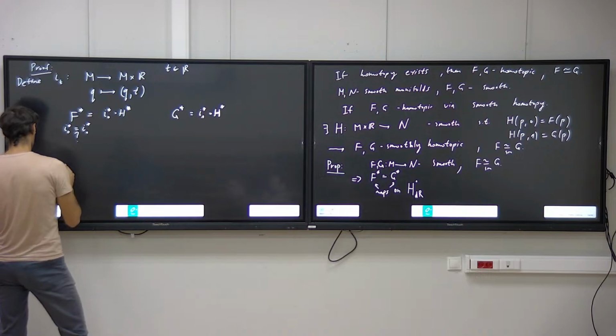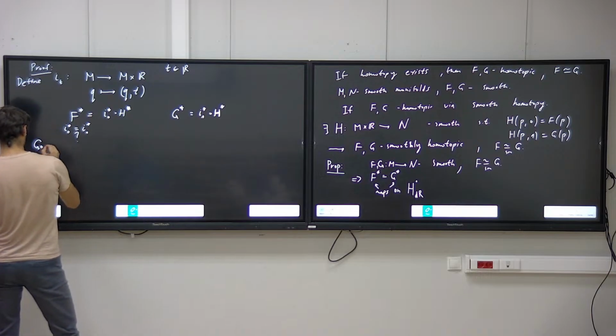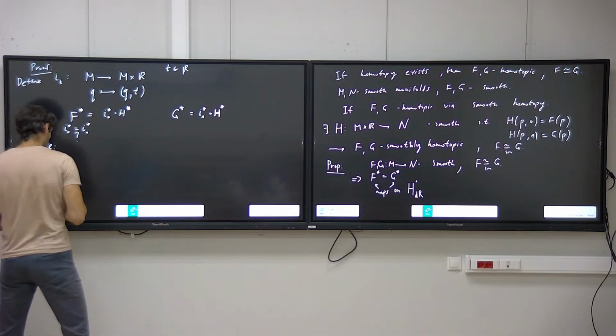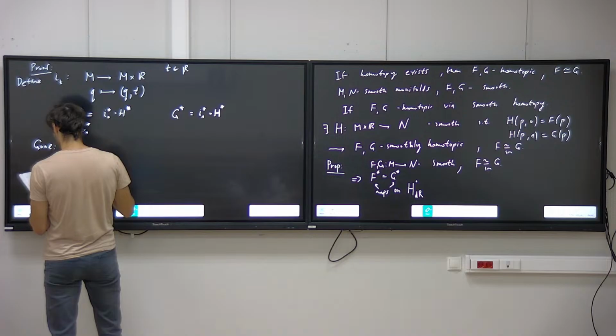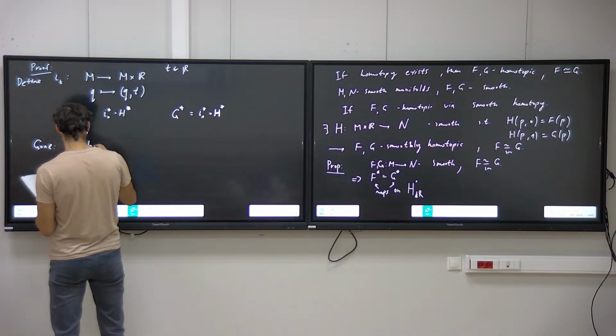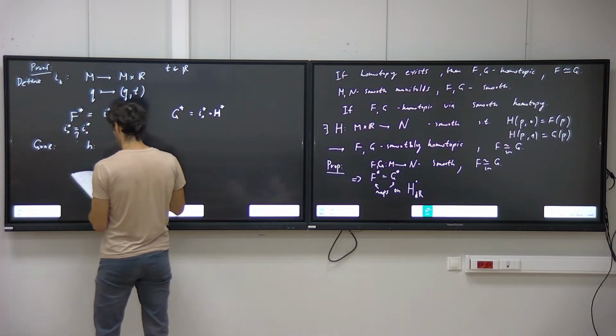I would like to construct a map H. This map from where?